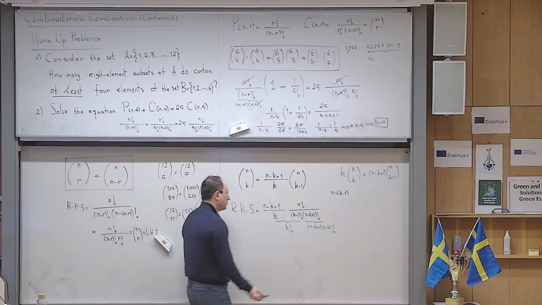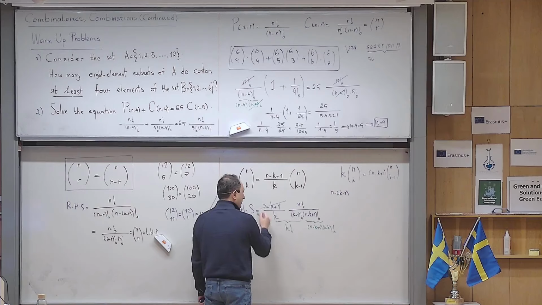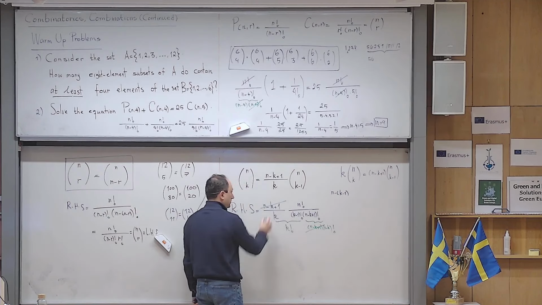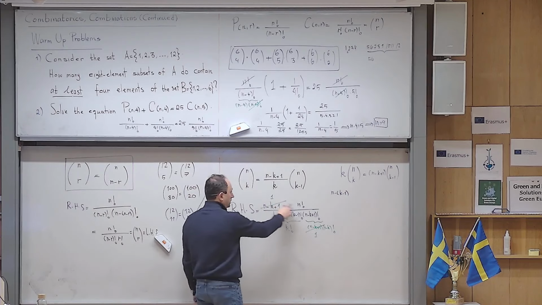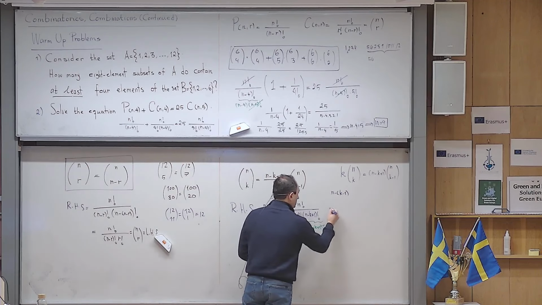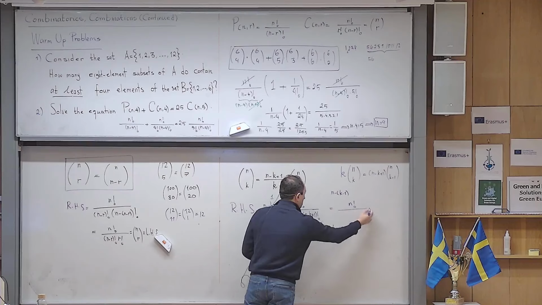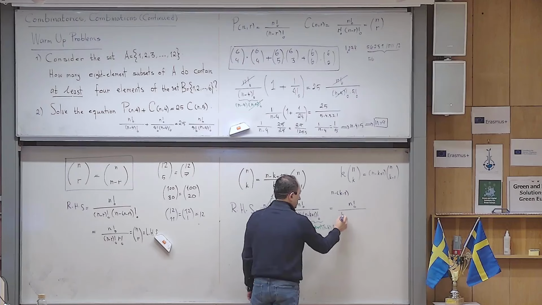So what happens now? This is in the denominator, this is in the numerator, and these are common factors, so this one and that one can be simplified. So 1 is left here, 1 is left there. So 1 will be multiplied by n factorial, which becomes n factorial. And then k times this was k factorial.